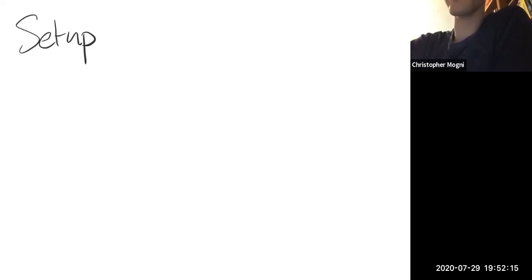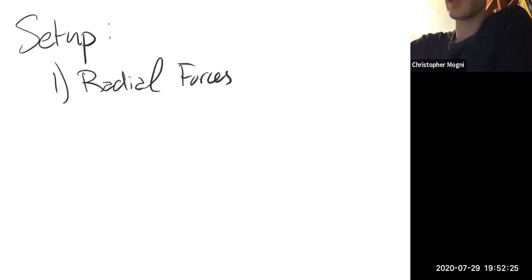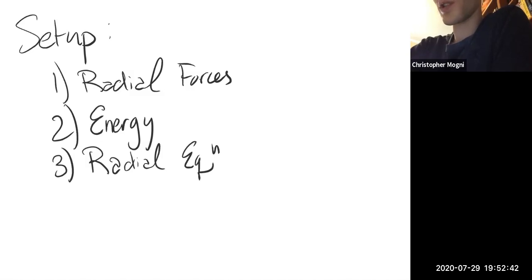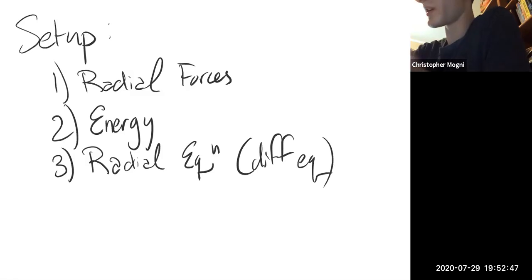Again, as for attractive potentials, the first step is to identify the radial forces, such that we can write down the expression for the energy so that we can solve the first part of the problem. Third, knowing the radial forces allows us to write down a radial equation, which is a differential equation for the evolution of the radial coordinate, which we can then solve.